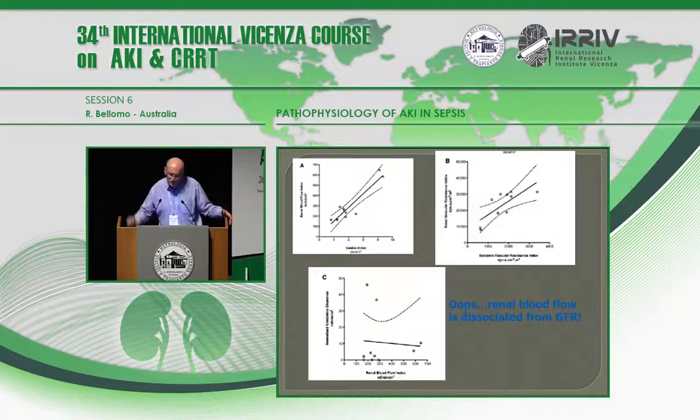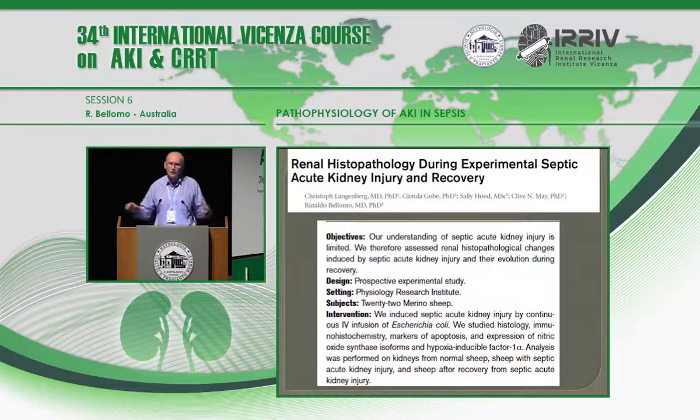But you see in the slide below, there is a clear dissociation between the renal blood flow and the creatinine clearance. So that in human beings, like in septic sheep, knowing renal blood flow does not allow one to predict function. What about structure? What about the histopathology of the kidney?